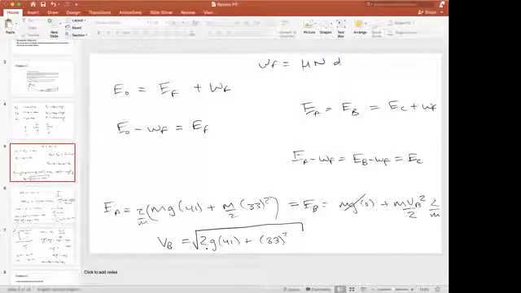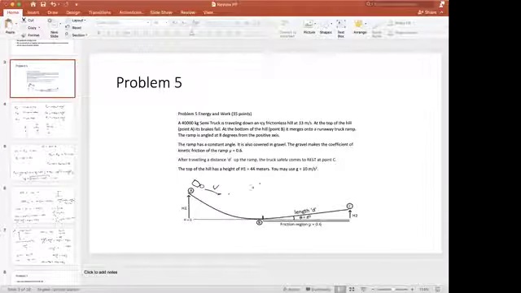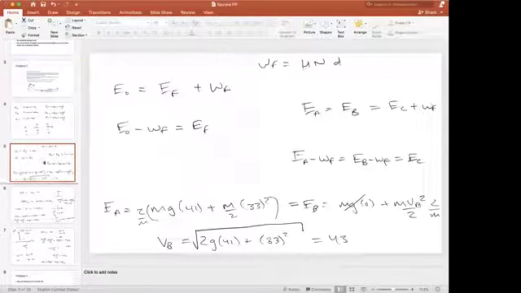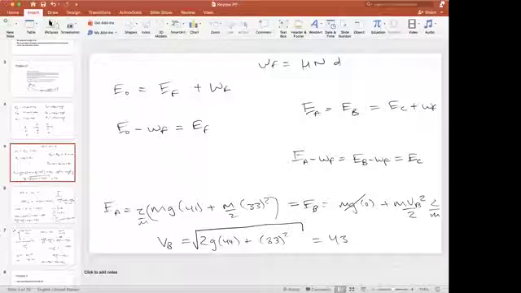I told you that you can use 10 for g. That makes it a little bit easier because you can just plug in 880 plus 33 times 33 and take the square root. I initially got 43.69, but wait, is it 44? Oh, it is 44. I'm sorry, I thought it was 41.